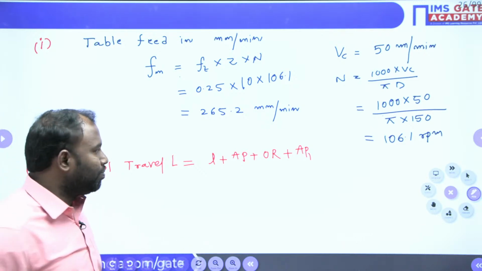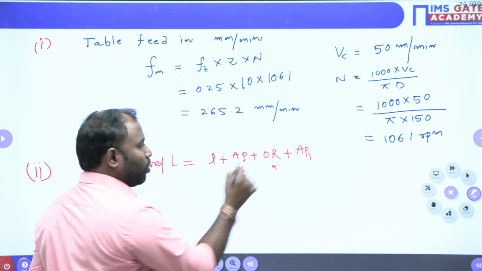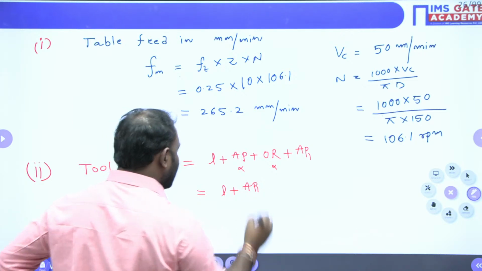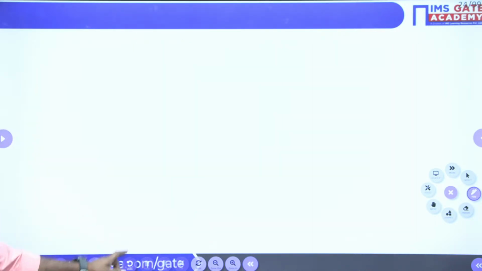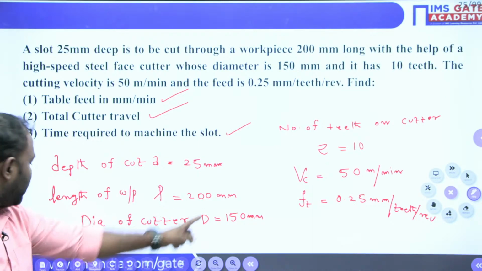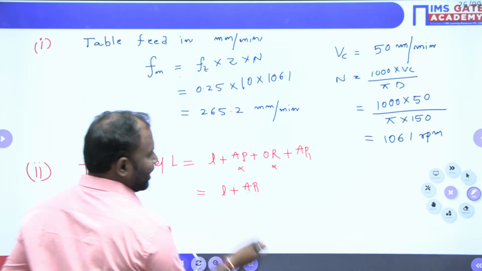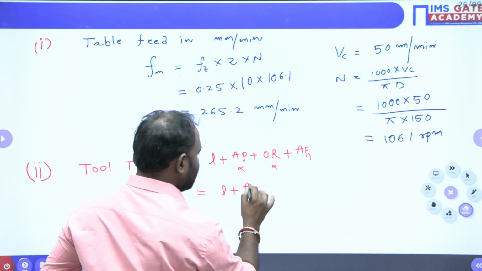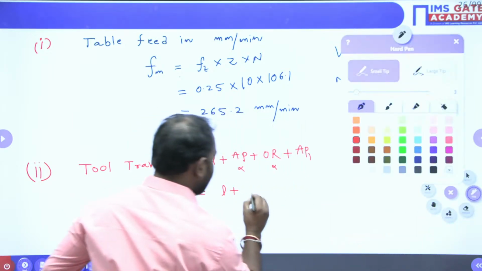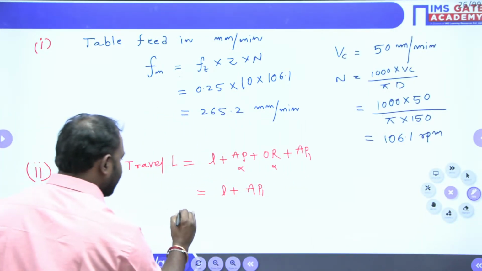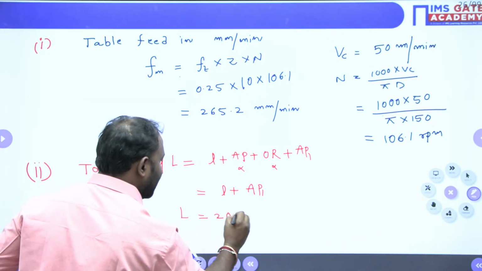But in the problem, they didn't mention approach and overrun. That is why the length of travel is L plus AP1. The length of the job given in the problem is 200. Now we have to calculate that AP1. So here L is equal to 200 plus AP1.